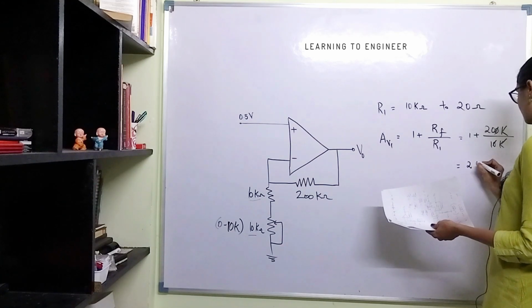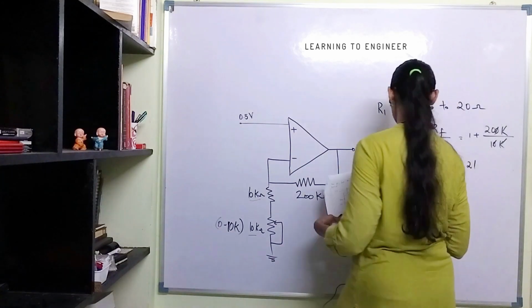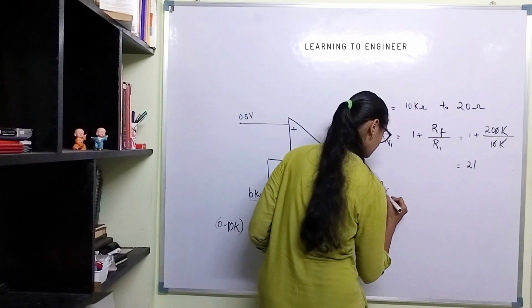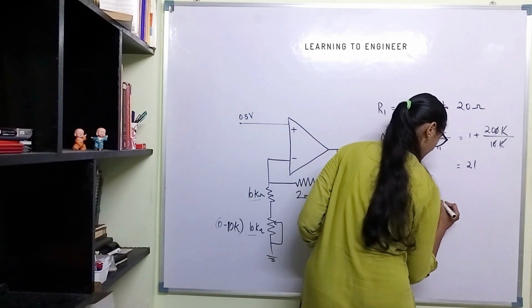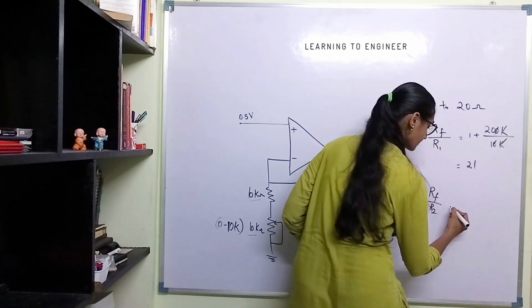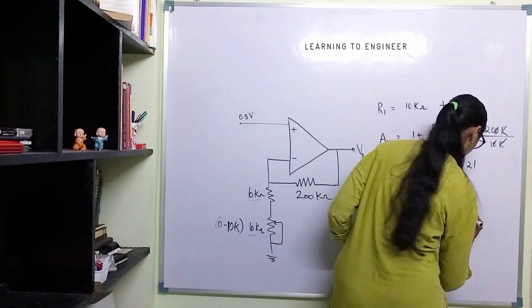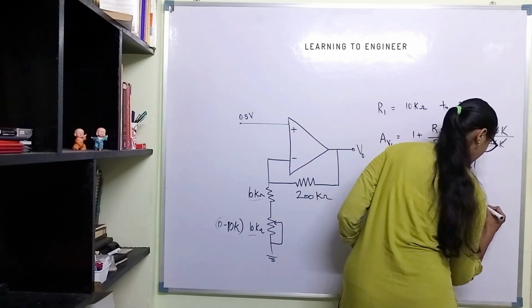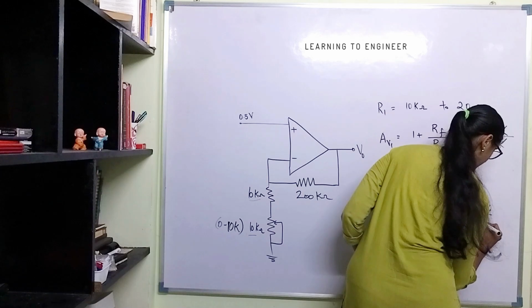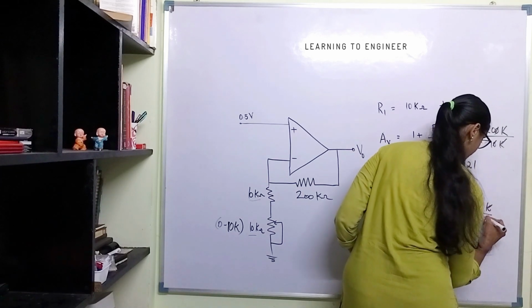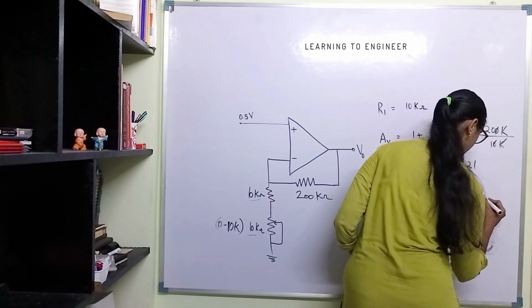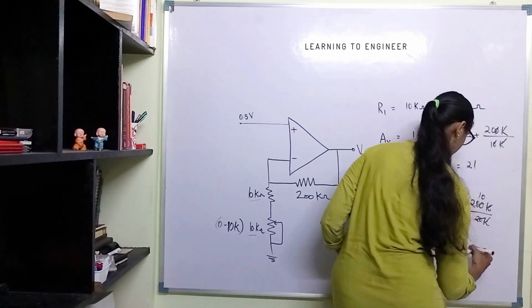This is 21. So what is AV2? 1 plus RF by R2, let us say. Here R2 is 20 kilo ohm, which is 1 plus 200K divided by 20 kilo ohm. So the gain is 11.